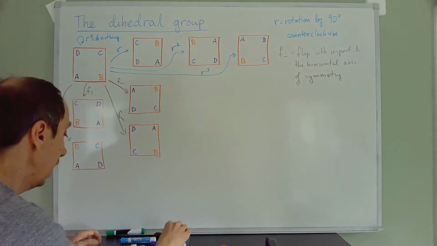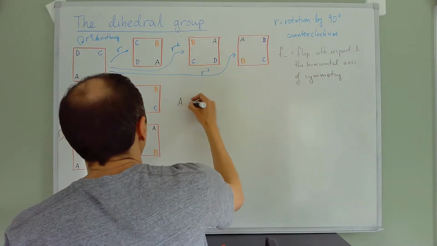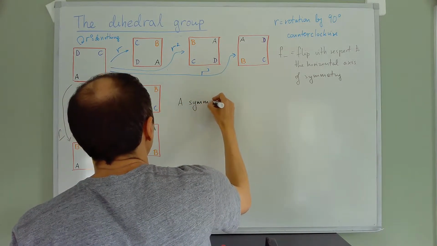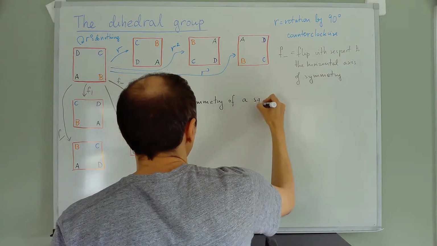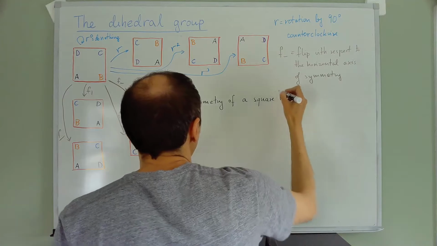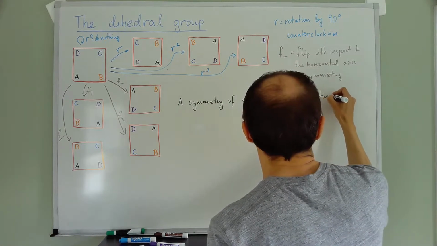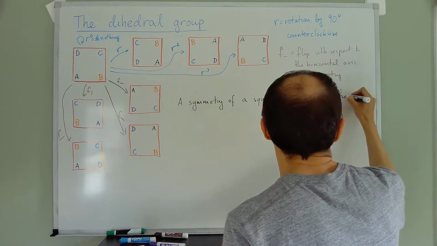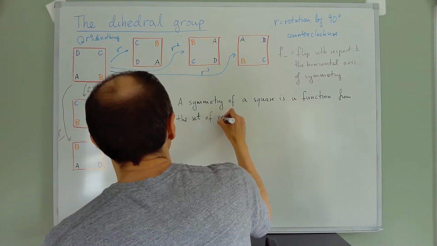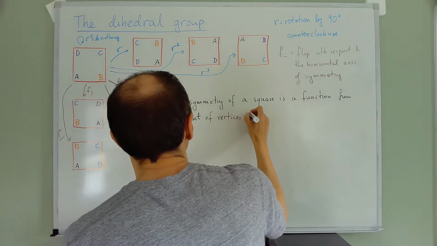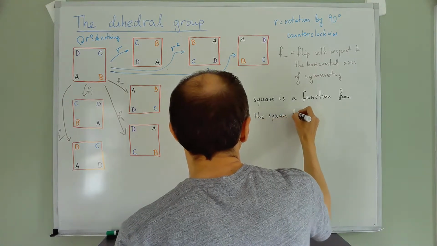So a symmetry of a square is a function from the set of vertices of the square to itself.